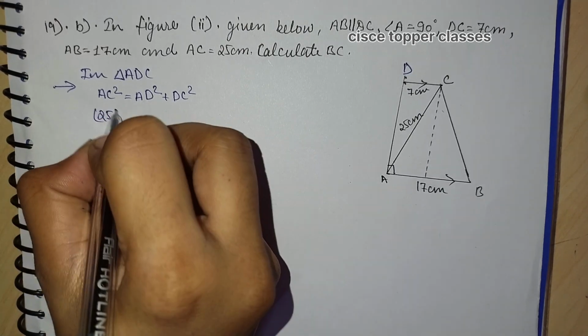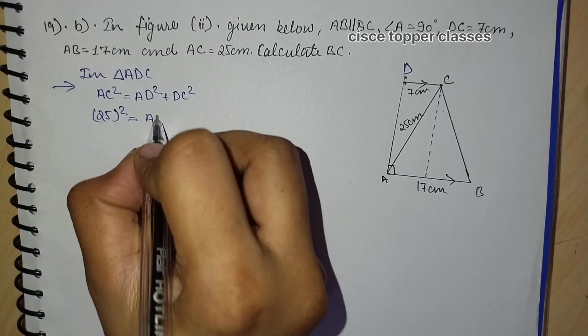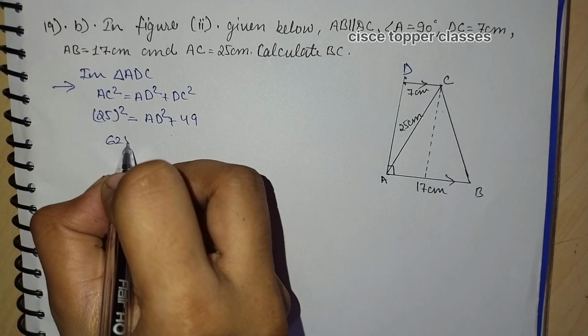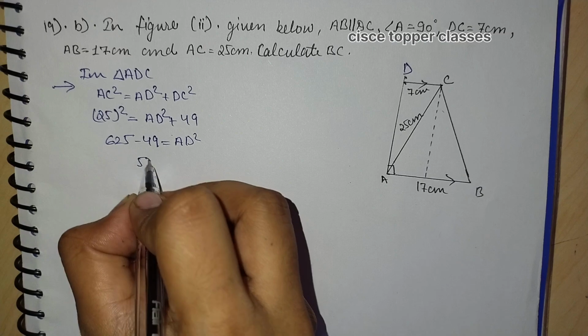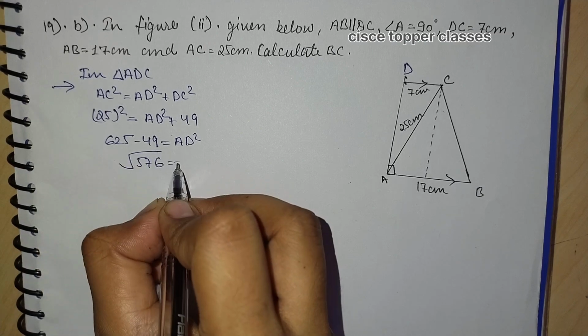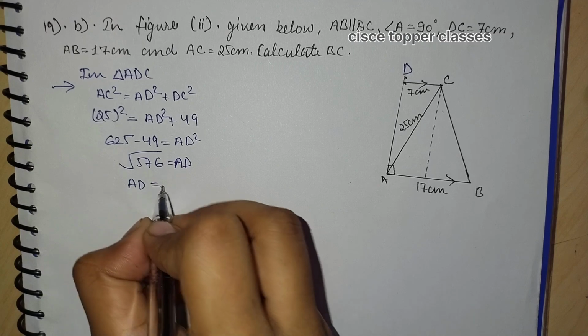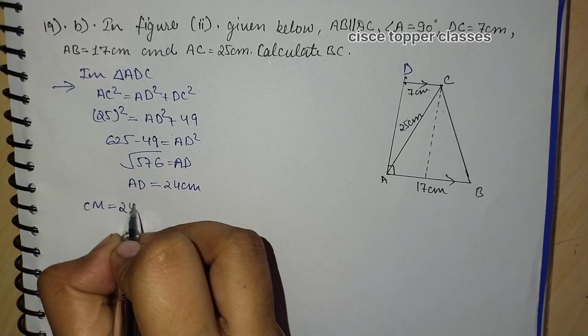So this will be 25 whole square equal to AD square plus 49. This will be 625 minus 49 equal to AD square, and we take the square root of 576 to find the value of AD, which will be 24 centimeter.